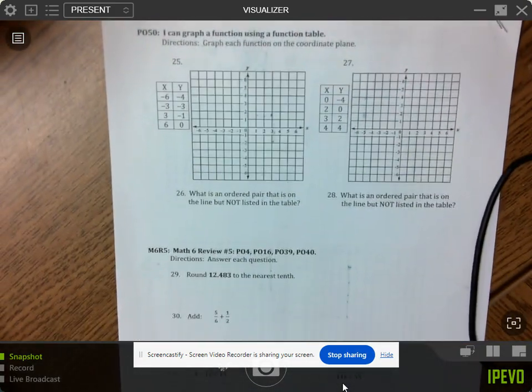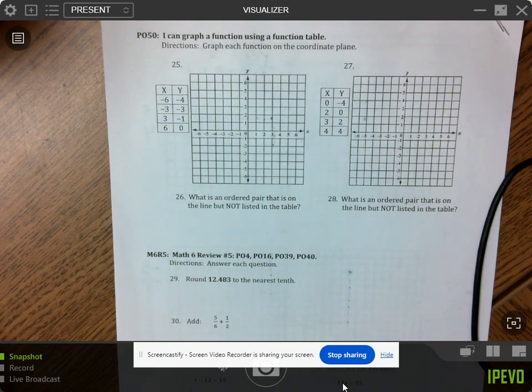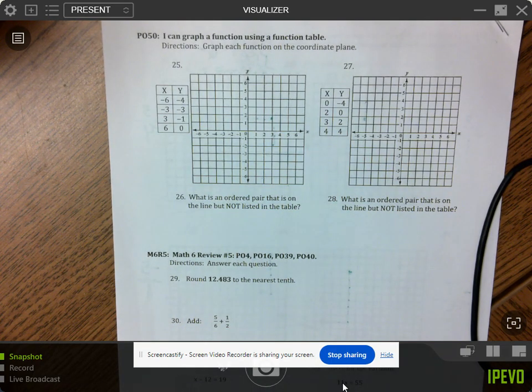All right, backside. This was probably one of the hardest objectives. Majority of us were able to figure out the top two, graphing. There were some of us that came up to me and said, I can't quite figure out the slope because I don't have a straight line.